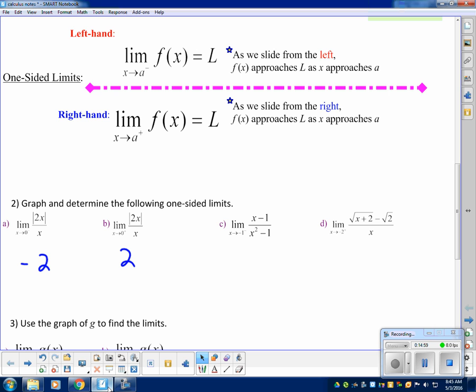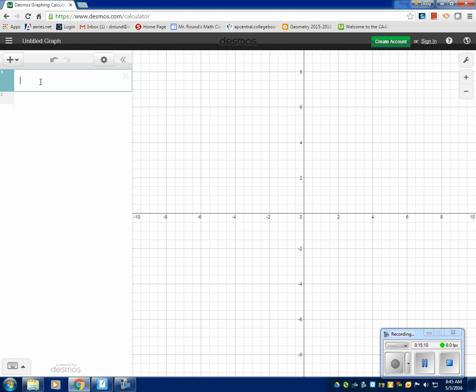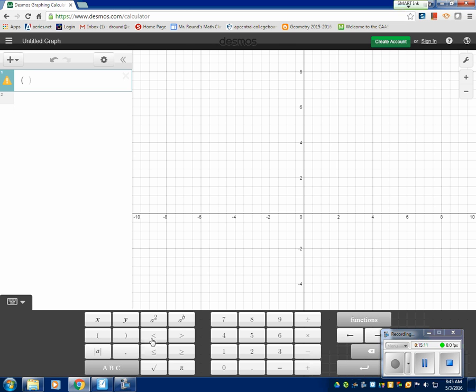What about C? Let's go ahead and graph C. Do you know what it will look like? Clear this. We have x minus 1, and we're going to divide by, not multiply by.